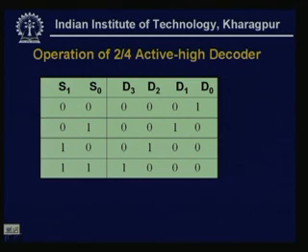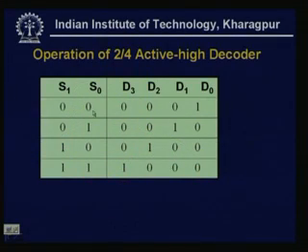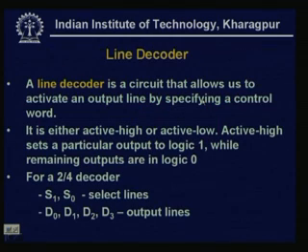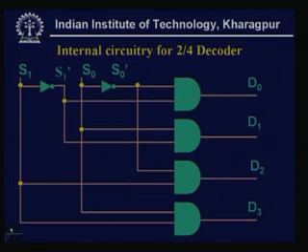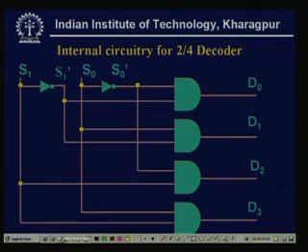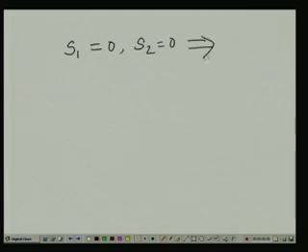For 2 inputs I can draw the map and make the expression, but this is a very trivial situation. If S1 is 0 and S0 is 0, then it gives D0 equal to 1.